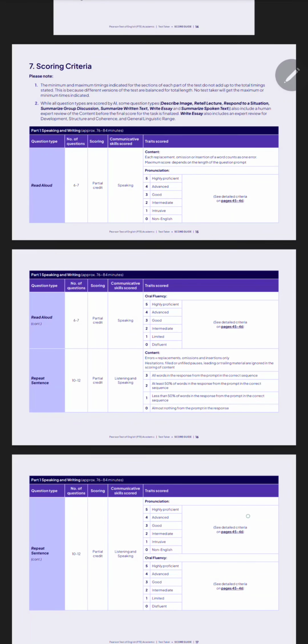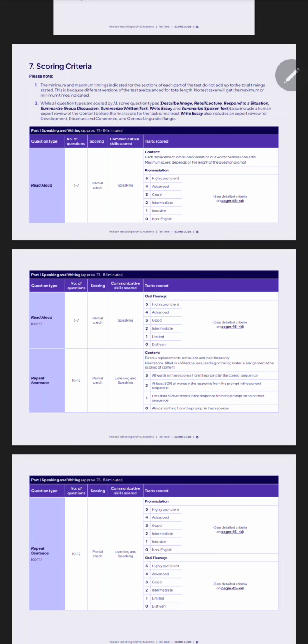Okay, so about the content, we just have 4 levels. The highest one is all words from the prompt in the correct sequence.